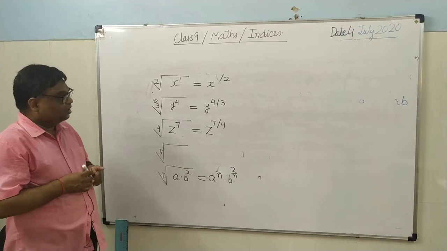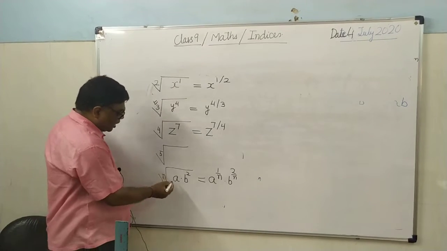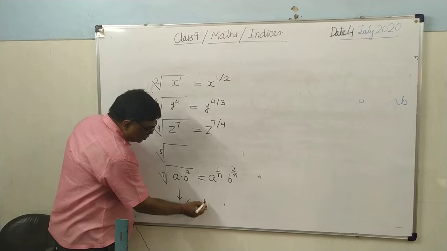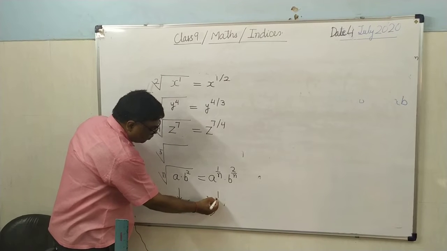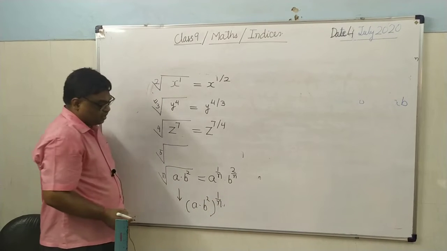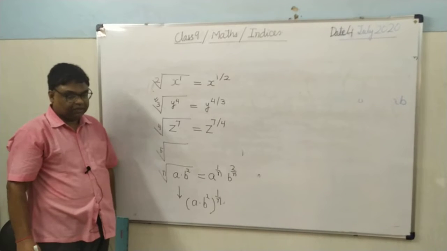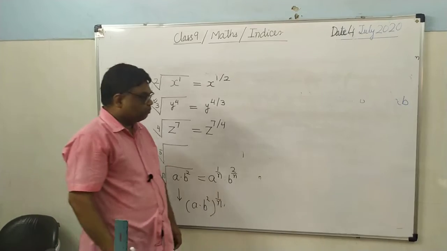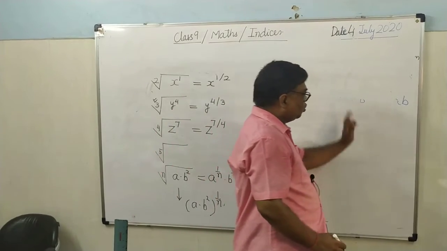We can also write it this way: first we write a into b square whole to the power 1 upon n, and then the powers are multiplied. Perhaps this point will be clear to you.